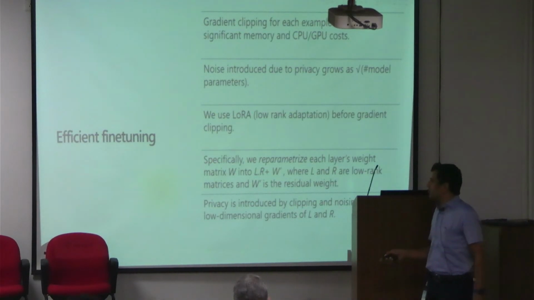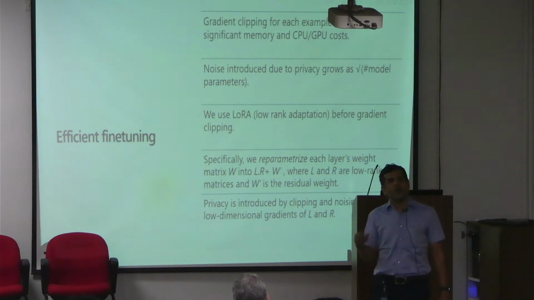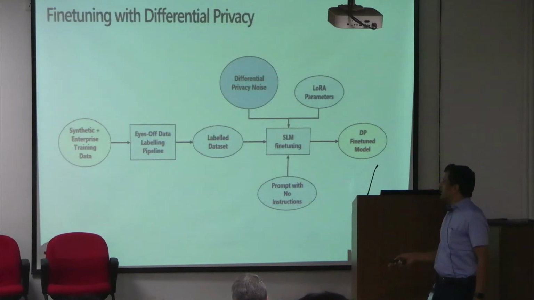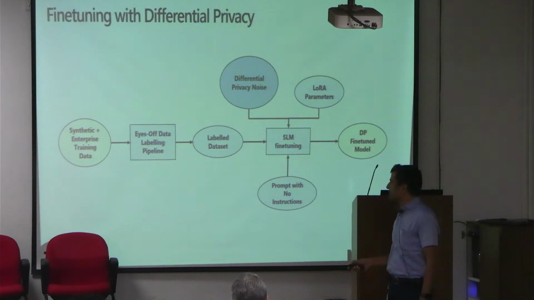We approximate W as L times R, and do the gradient clipping only for L and R while ignoring the other part. Okay, so this is fine tuning with differential privacy.